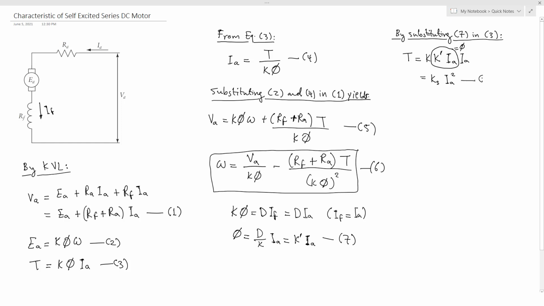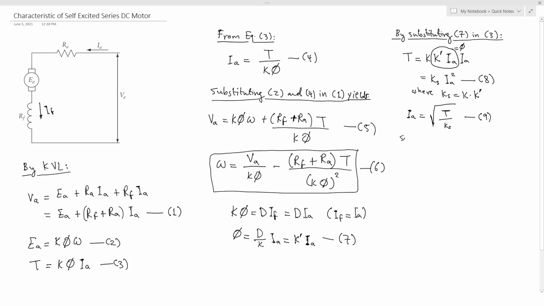Let's say it is equation number 8, where KS equals K times K prime. This means that IA will equal the square root of T over KS, which is equation number 9.